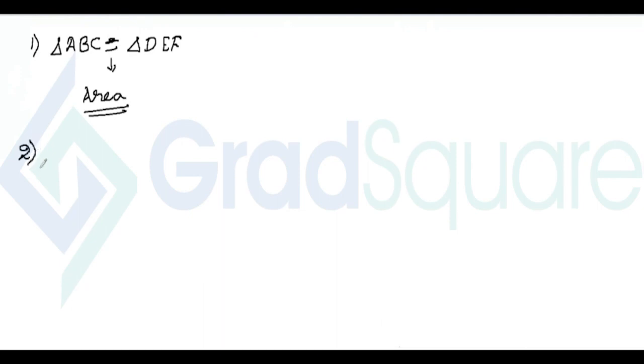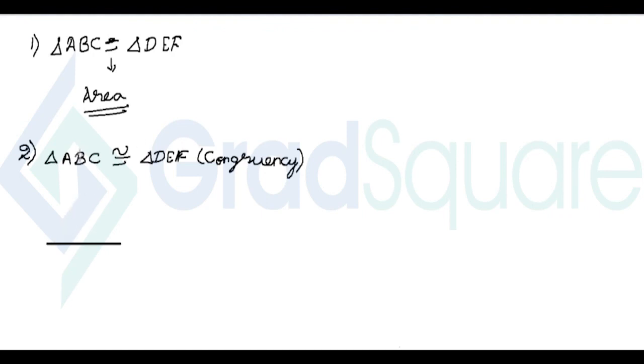The second relation that can be established between two triangles is given by this symbol, and this is the symbol for congruency. So this sign means that triangle ABC is congruent to triangle DEF. Now what does congruent mean? Congruent means that the two triangles can be superimposed on top of each other.